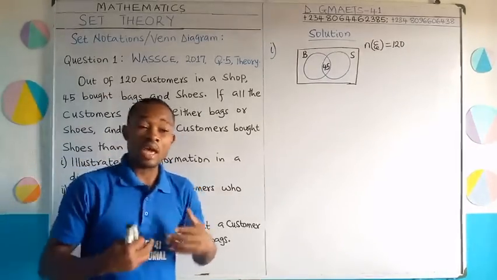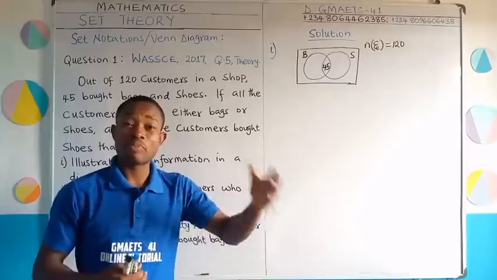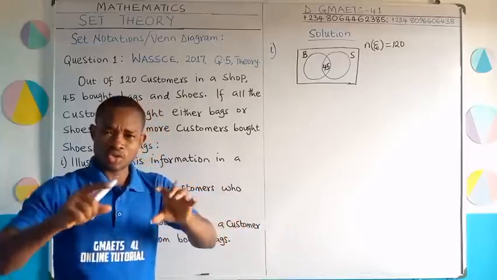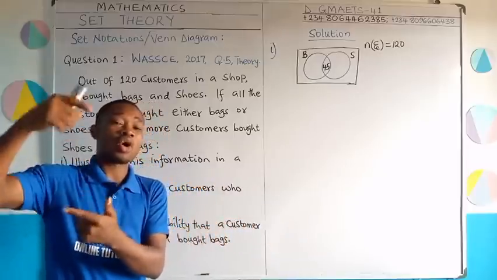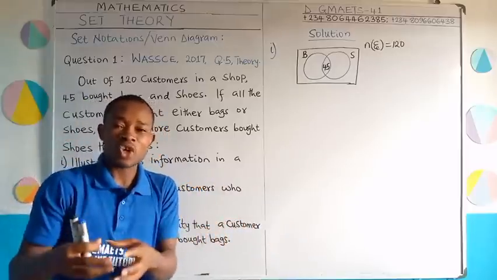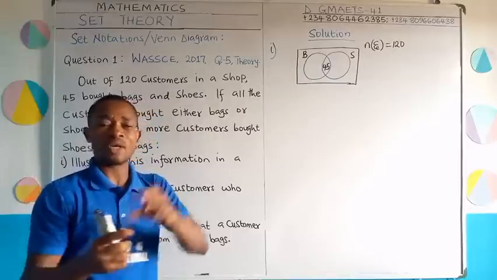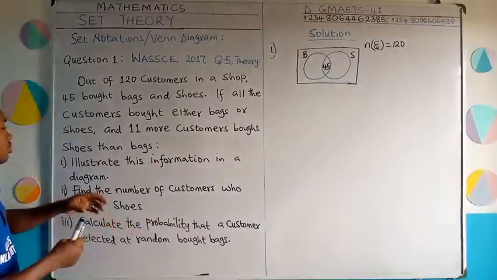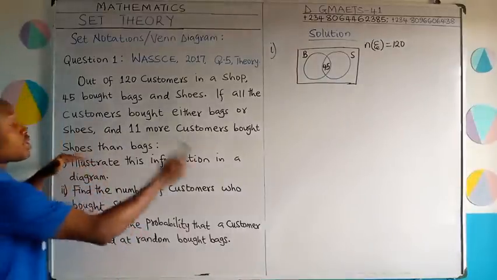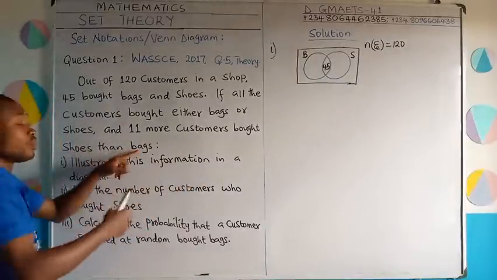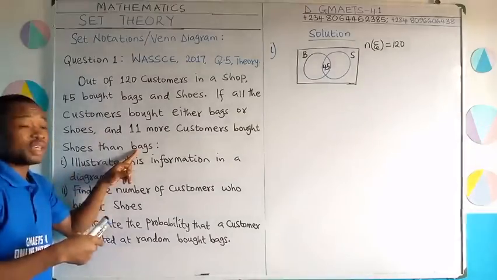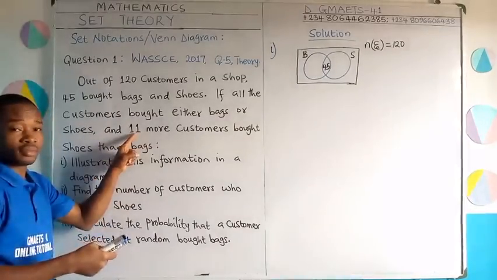So if I decided that X number of customers bought bags, you want to remember that the number of customers that bought shoes is 11 more than the number that bought bags.